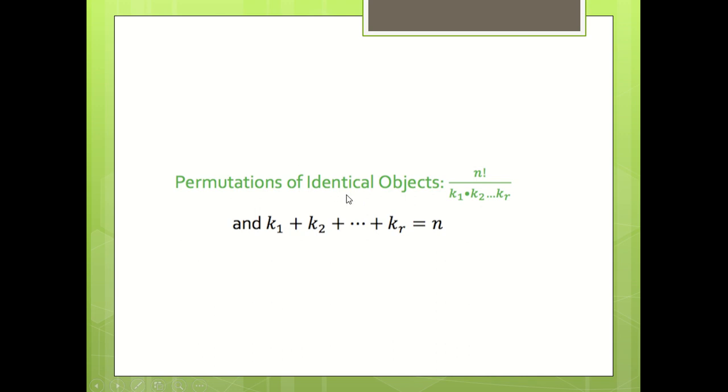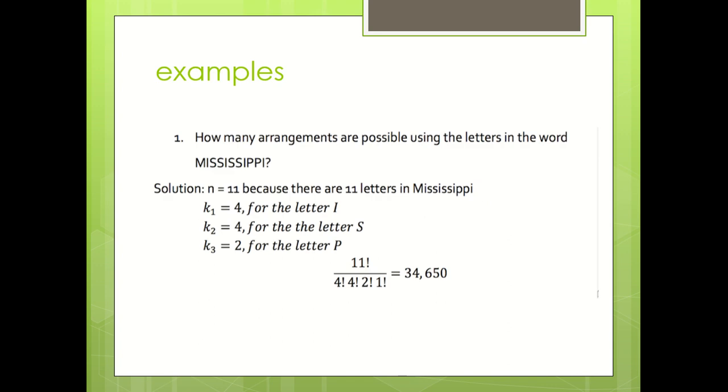Usually examples of these objects are represented by a word with the same or identical letters, or maybe a problem concerning colors, where different colors are involved, but of course these colors are also identical in some ways.